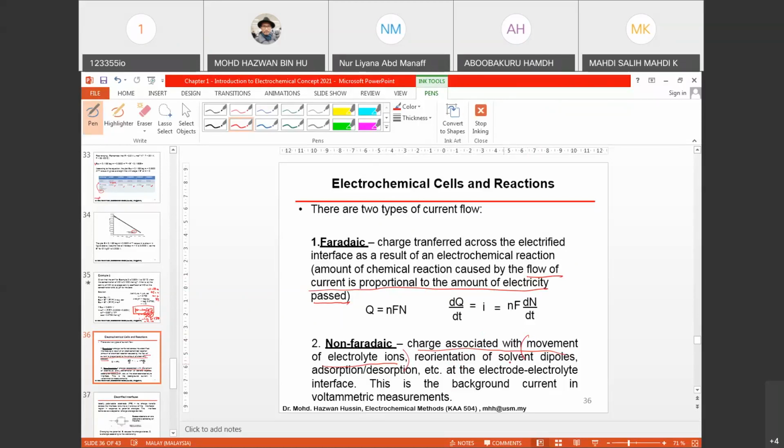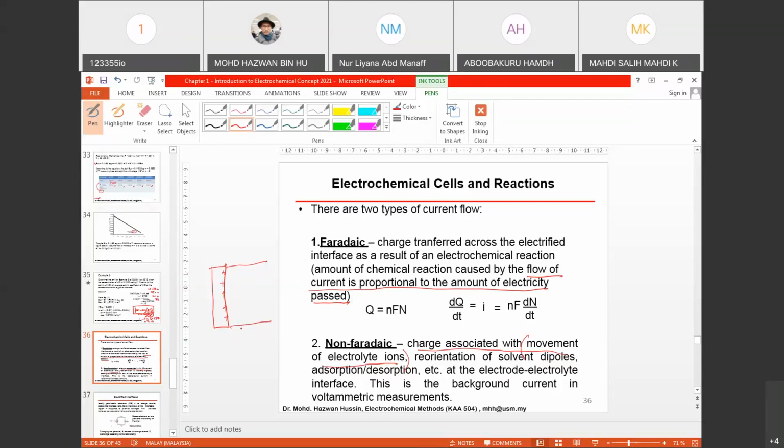Not only the reorientation of dipoles, it could be other things like adsorption or desorption, and also the electrode to electrolyte interface. Adsorption and desorption are always related with a gradient, I think a concentration gradient. Imagine that you have metals, and this is your electrolyte. So you have this electrode to electrolyte interface. When metals are put in the electrolyte, they will oxidize, forming positive charge on the surface of the metal.